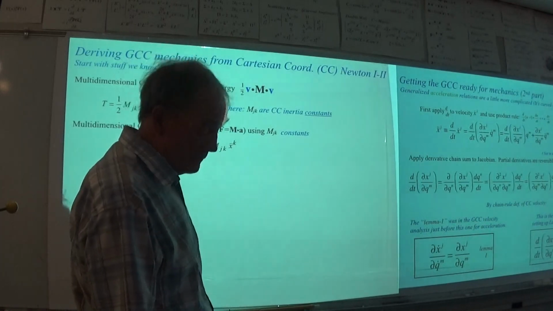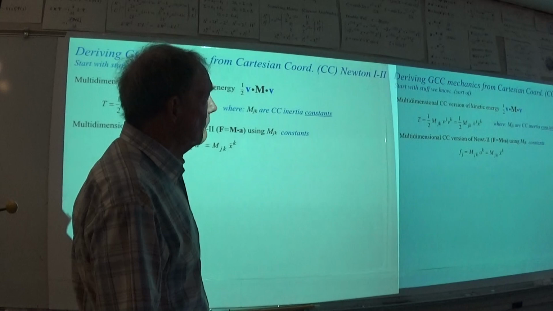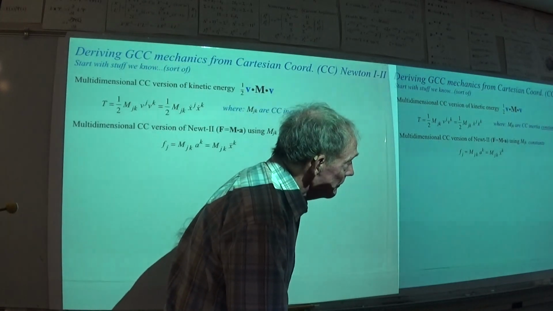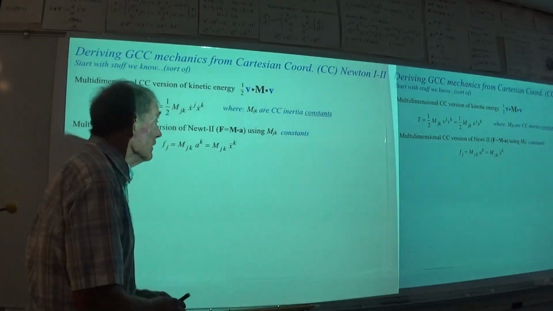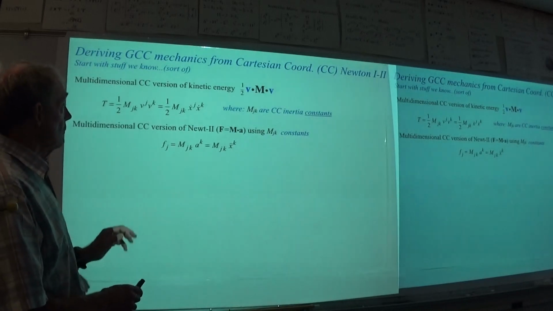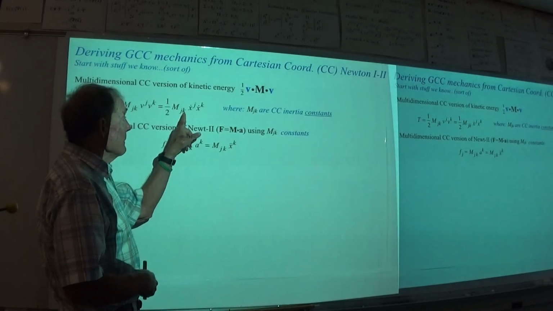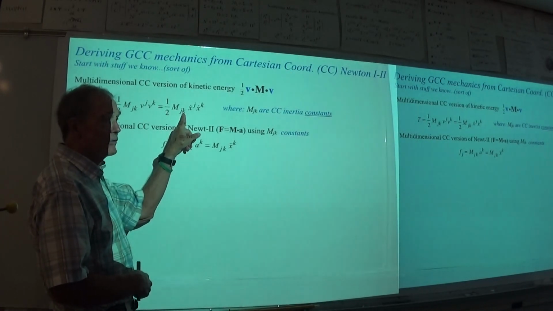Now, there are a lot of fine print things that are often left out in descriptions of derivations of this thing. It's pretty sloppy writing in a number of textbooks that I've seen. So I'm trying to avoid that here as much as possible. And one of the things that I'm going to demand is, remember when we talked about the mass matrix, when we were doing the superball stuff?